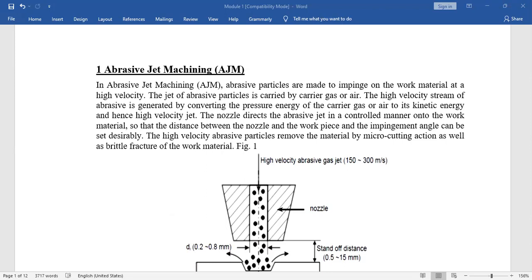So one minute. I am just going to show you the abrasive particle.